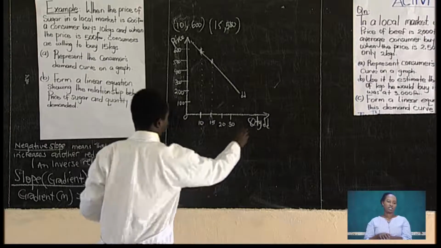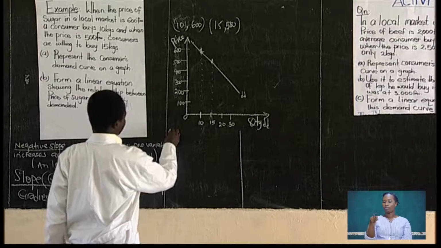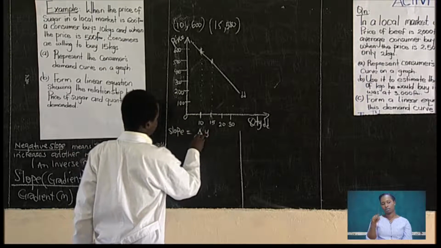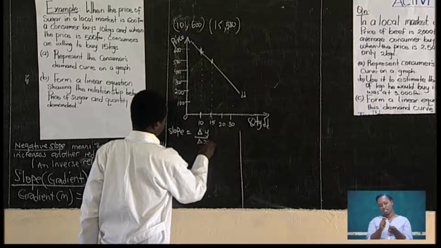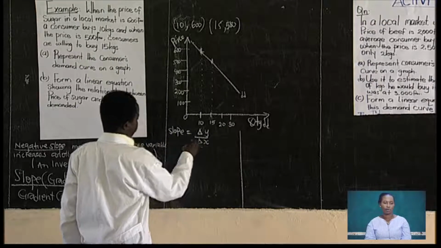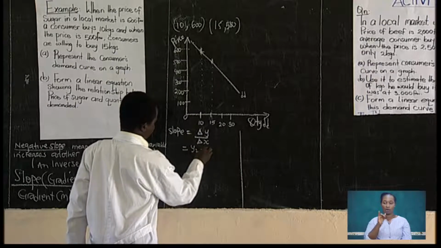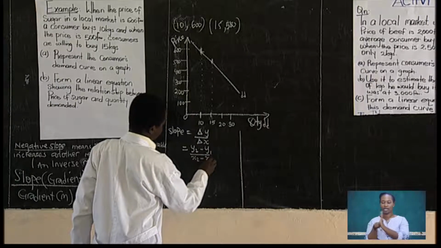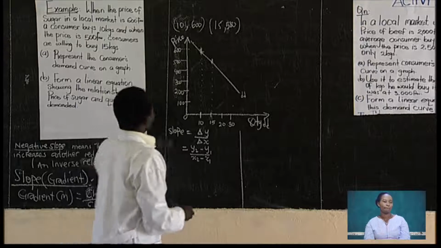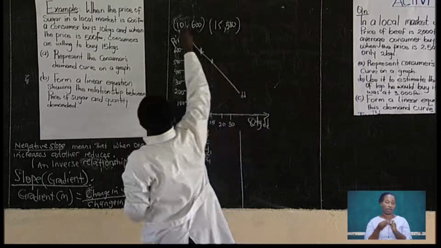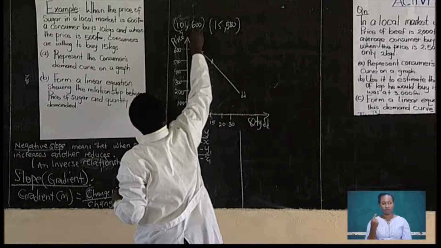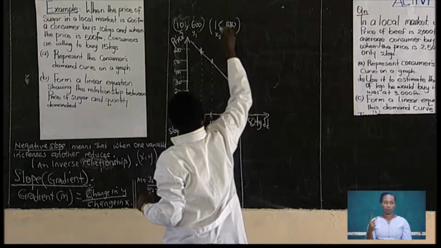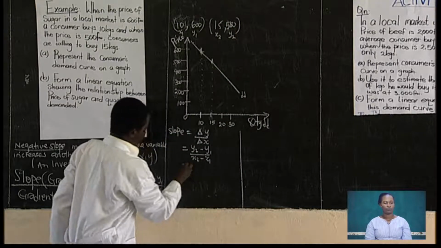So how do you get the slope now? You have to calculate the slope, which will be change in y over change in x. That is y2 minus y1 over x2 minus x1. We have our coordinates here, so this is x1, y1, x2, y2. So you substitute now.